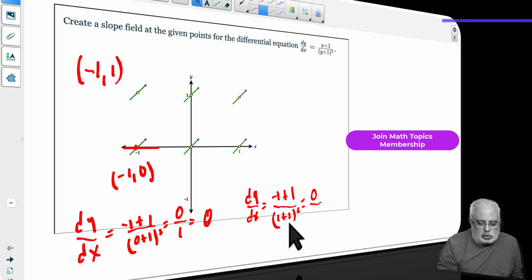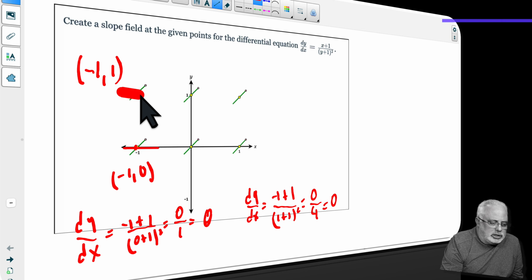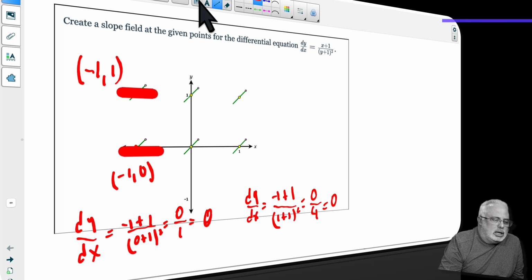I have here 1 plus 1 is 2, and 2 to the second power is 4, but 0 divided by 4 is 0. So I have another horizontal line here. Let me put it bigger like this. Horizontal, because the slope is 0.